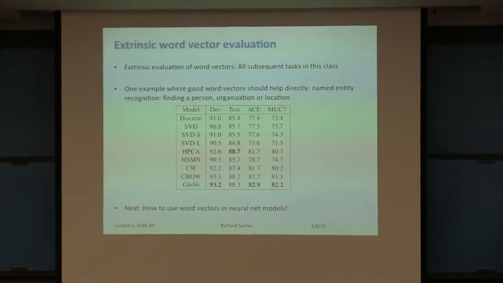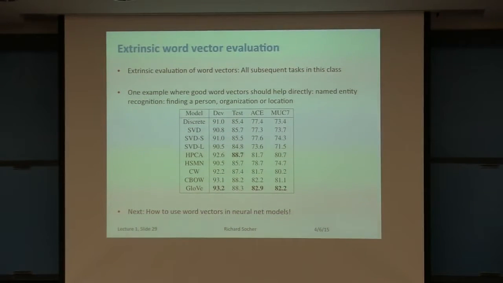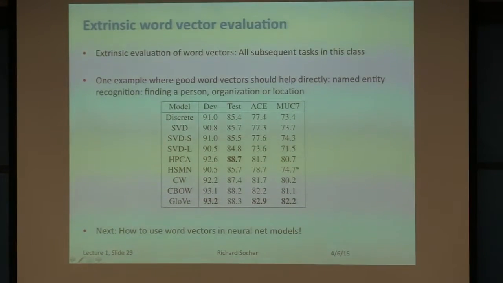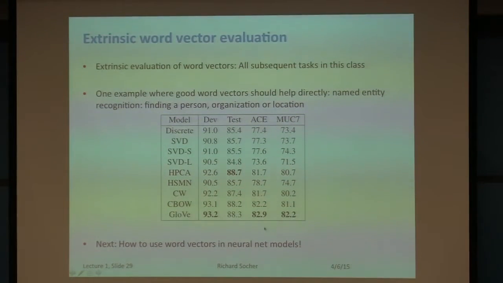So just trying to go through a text and classifying whether a specific word in that context is a city or a person or an organization is something that should come quite naturally to these vectors. And indeed, that works quite well to use these as features. Here are a couple of different data sets, the MUC and ACE corpora. And basically, these kinds of models work very well. The differences here are actually quite small. So all these different vectors, like continuous bag of words, work in the 80 or 90% range.